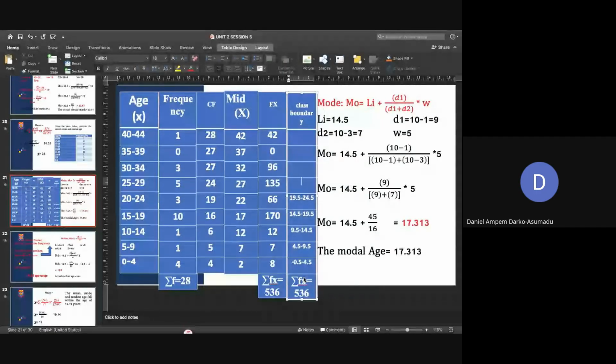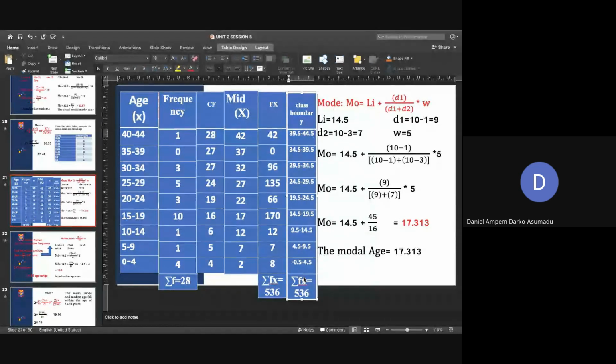These are the class boundaries we are calculating, right? 24.5 to 29.5. 29.5 to 34.5. 34.5 to 39.5. 39.5 to 44.5. So these are the class boundaries.